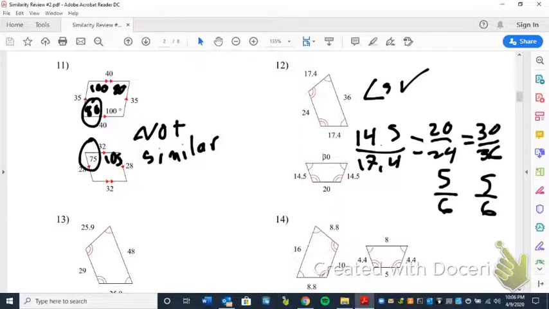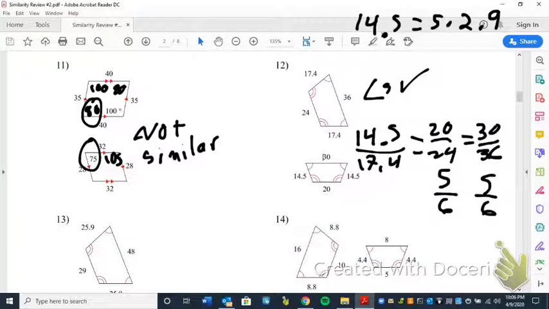So on this third one, I can do one of two things. I can put 5 divided by 6 into a calculator, see what that answer is, and then do 14.5 divided by 17.4. If I get the same answer as 5 over 6, I know that they're proportional, and therefore similar. Or I can divide the top by 5 and the bottom by 6 and see if I get the same thing.